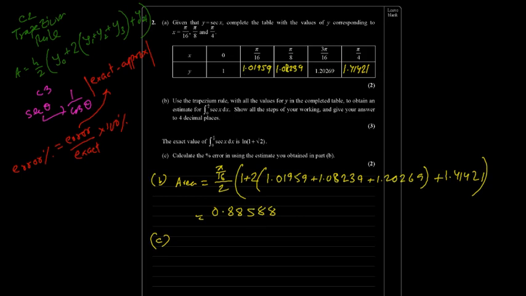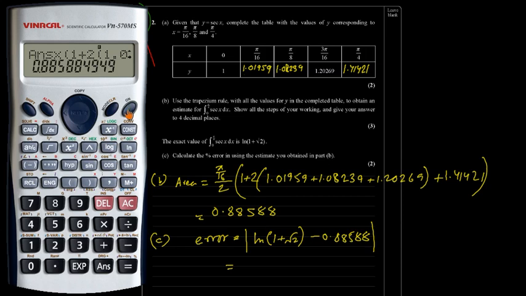So let's find the error first of all. Error equals ln of 1 plus square root of 2 minus 0.88588. So ln 1 plus square root of 2 bracket closed, this one minus 0.88588 gives a negative value, and there is an into 10 to the power minus 3.